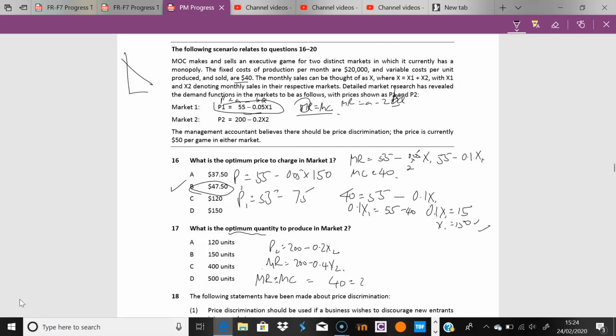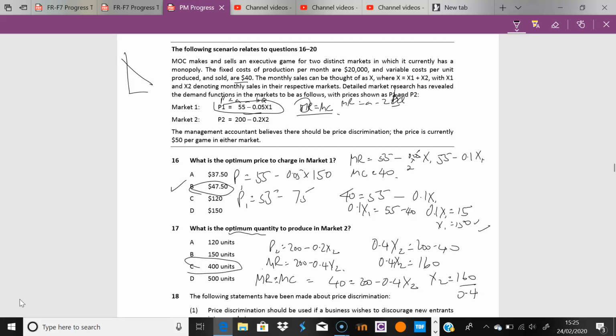Therefore, 40 is equal to 200 minus 0.4 x2, so 0.4 x2 is equal to 160. Therefore, x2 is equal to 160 divided by 0.4, which is 400, and that's C.